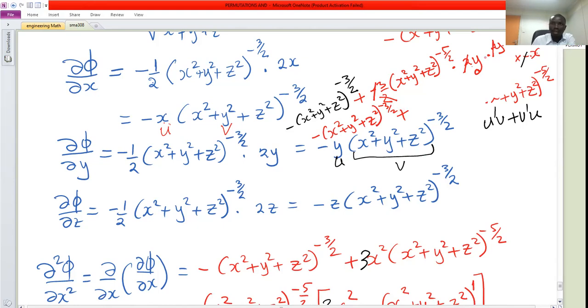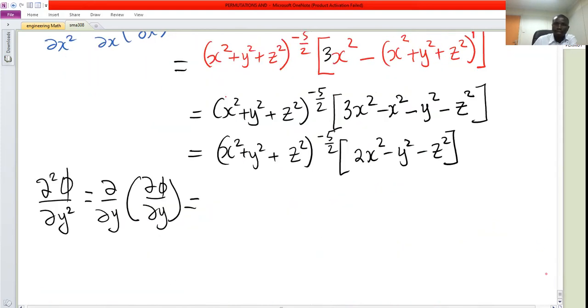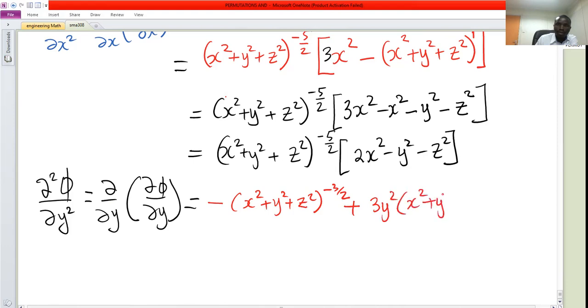Now plus y times y is y squared times 3, we have 3y squared into x squared plus y squared plus z squared raised power minus 5/2. So then we write this as minus x squared plus y squared plus z squared raised power minus 3/2 plus 3y squared into x squared plus y squared plus z squared raised power minus 5/2.